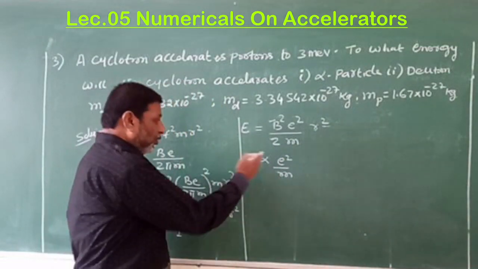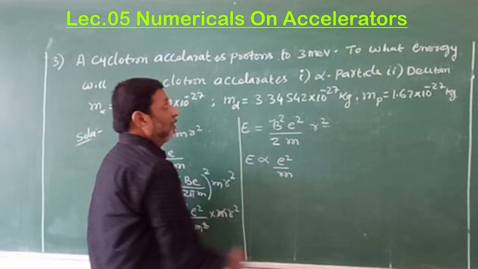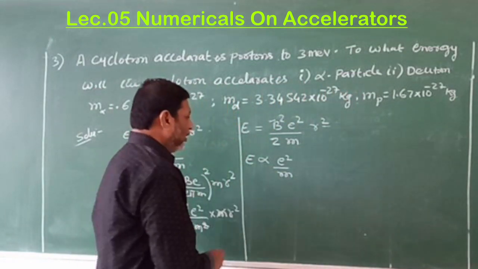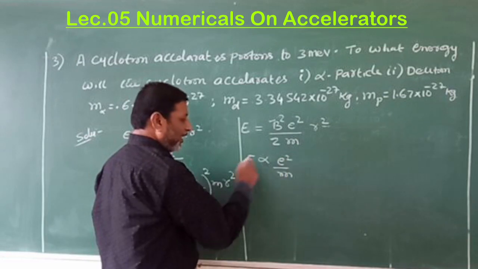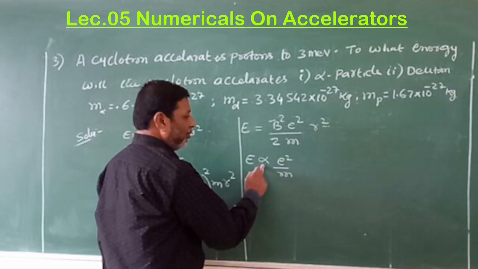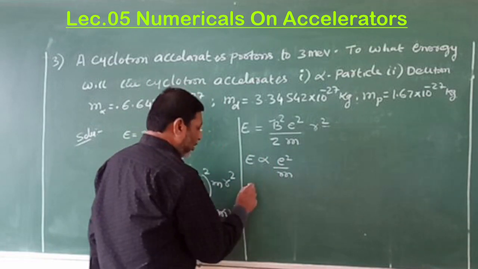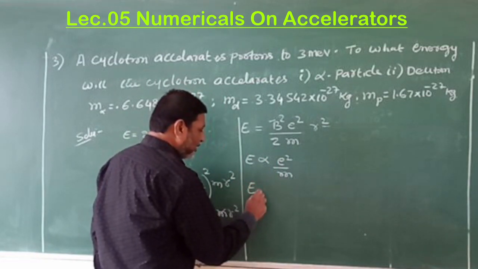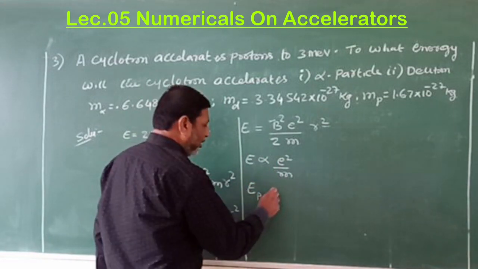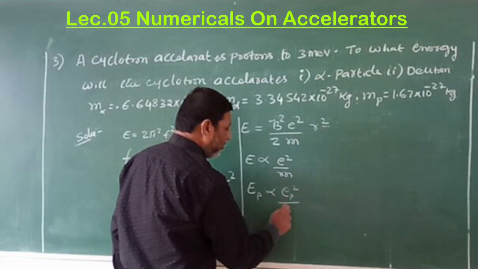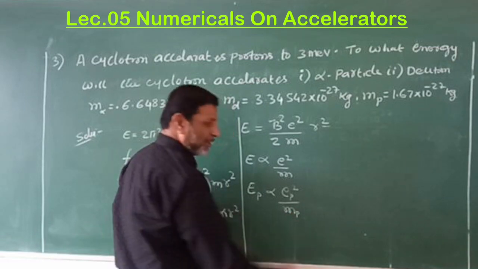Now you apply this formula for the proton, alpha particle and deuteron. This is a general formula of energy, directly proportional to E, which is charge and mass. Now, energy of proton is directly proportional to charge of the proton square divided by mass of the proton, correct?